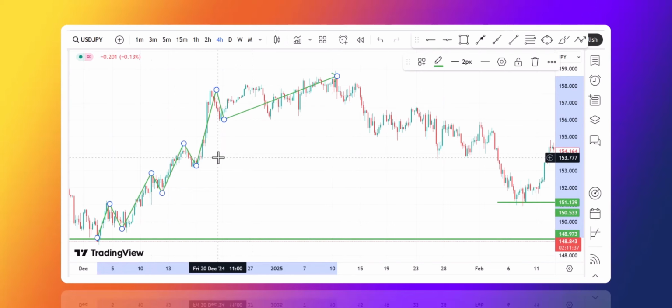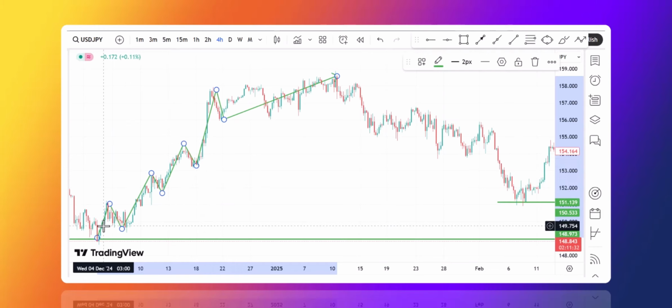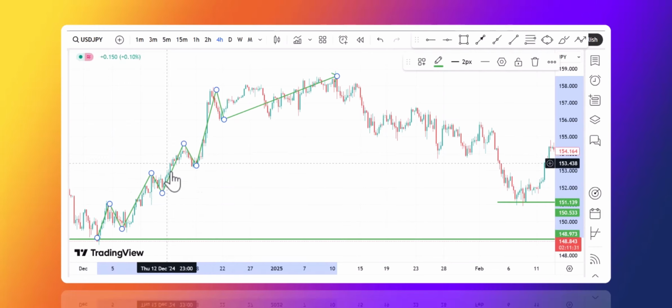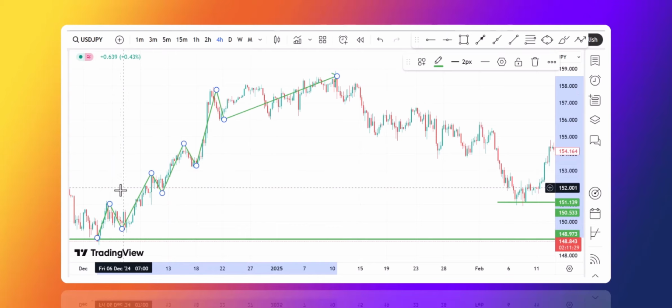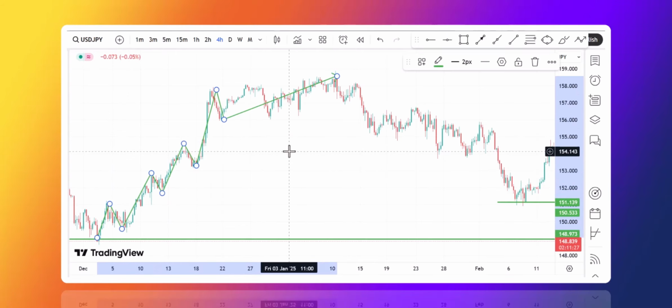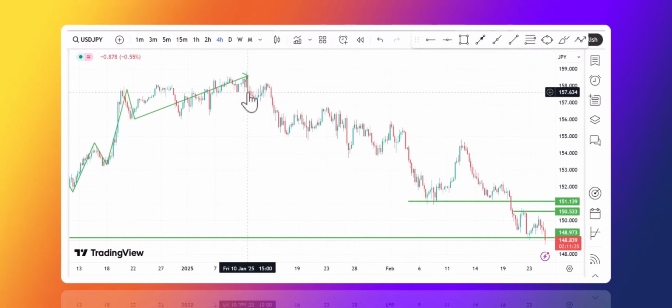Okay, first, like I said, you have to identify the structure of the market, which is your higher high, higher low, higher high, higher low. So with this characteristic, I will classify this as an uptrend. In this case, this is a downtrend, and you have to mark the structure as well.